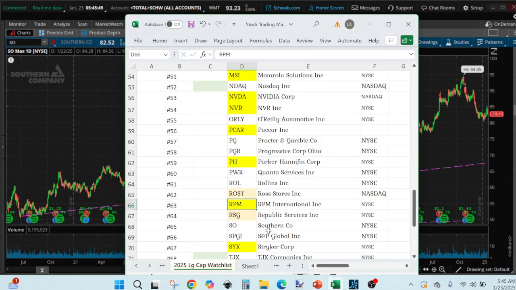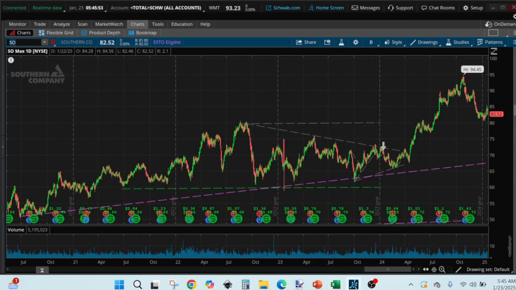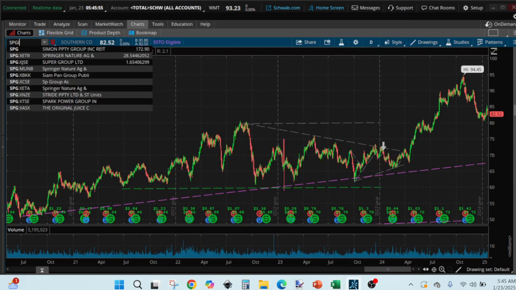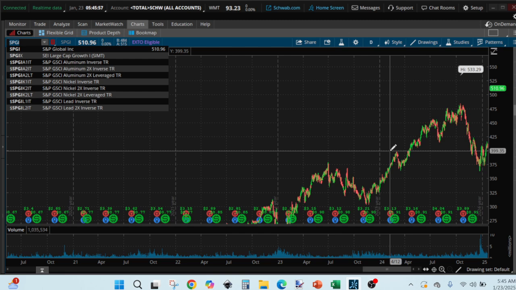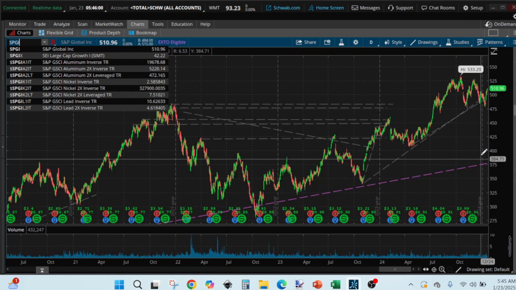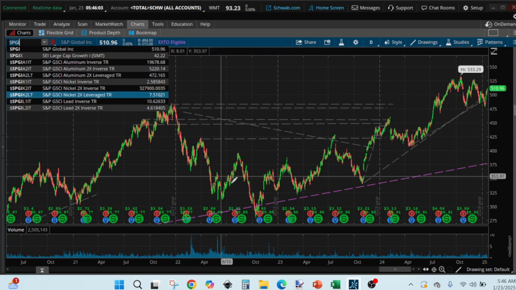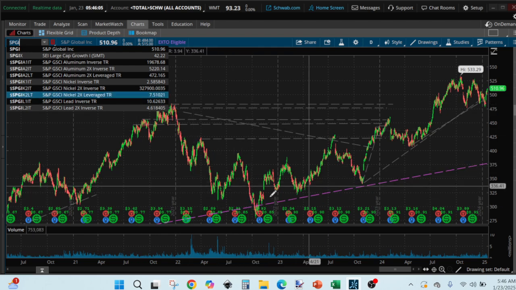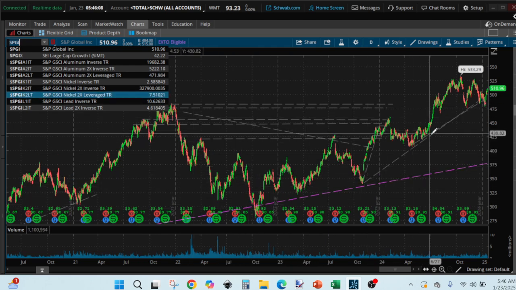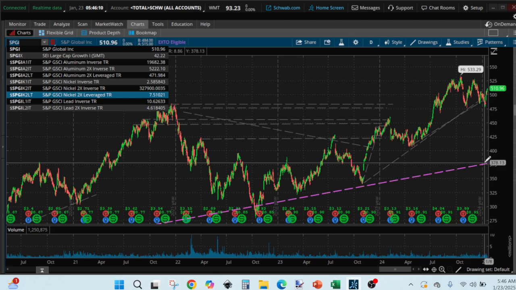The next one is SPGI. So SPGI, we like to buy at this trend line. It does make a big mountain, and we'll come back to it. So based on that, we could well think it's going to come down to this.